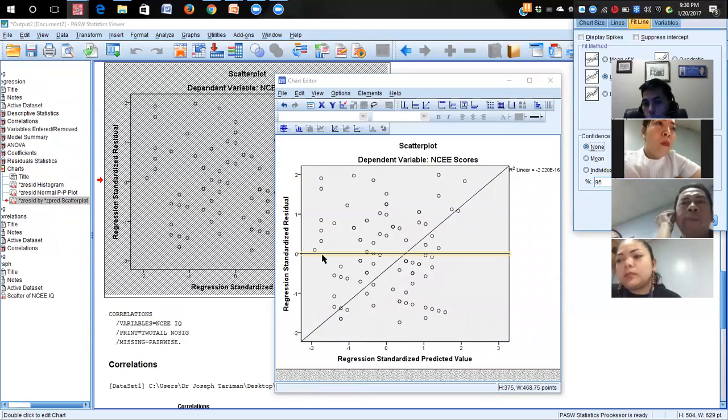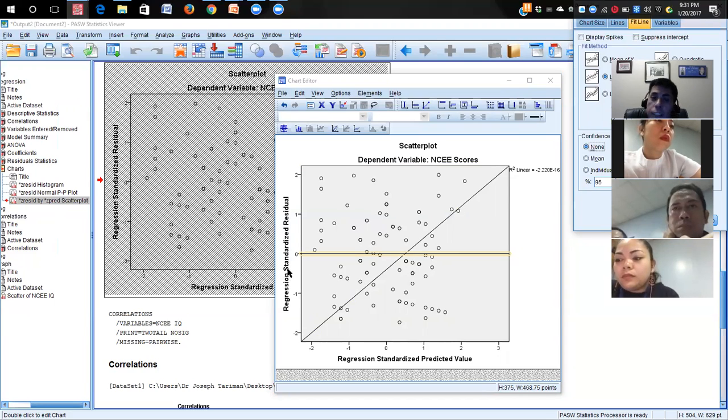This is where you know that both the y-axis and the x-axis are such that all the data are nicely scattered, because this is not the scatter plot of the IQ and NCEE.